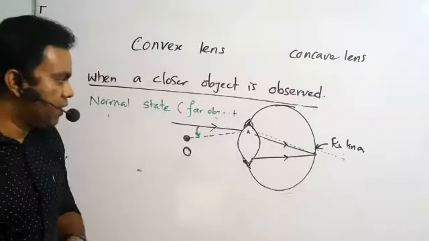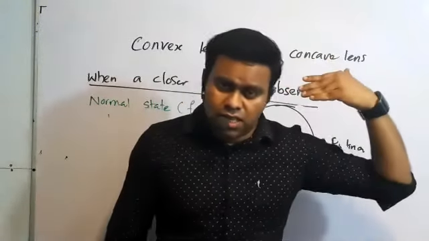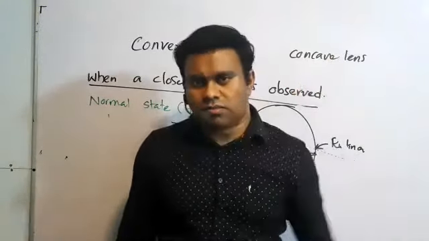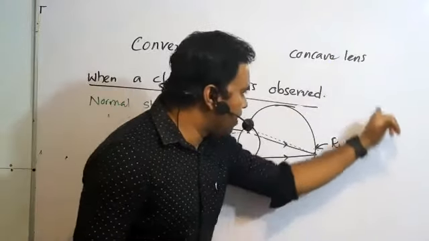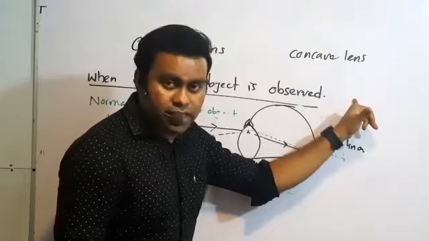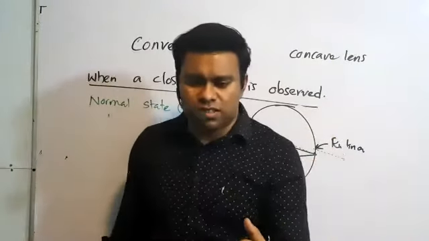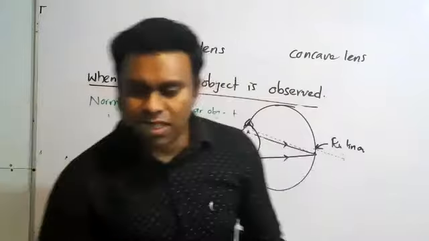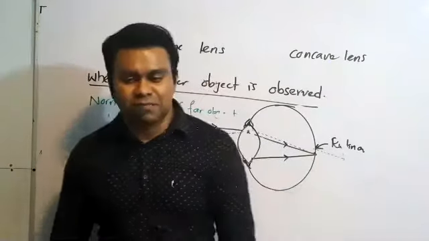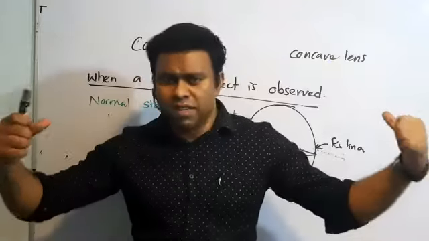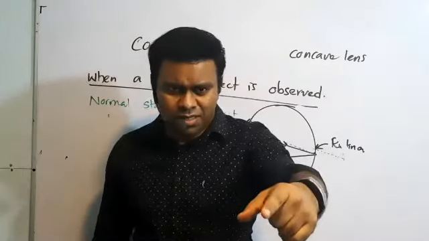Did you understand what happens? Because the image forms behind the retina, that is sensed by the brain. The optic nerve goes to the brain directly. Then the brain understands the image is blurred and gives a message to the ciliary muscles. The brain is the boss and he is telling, hey ciliary muscles, what are you doing?